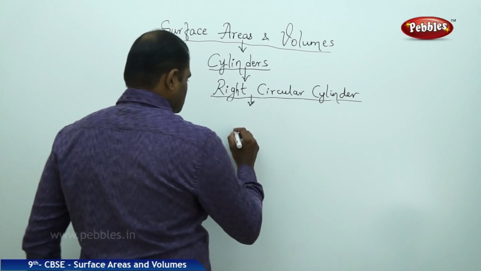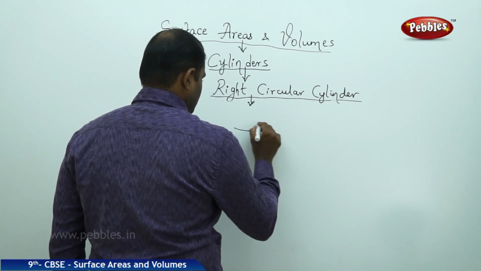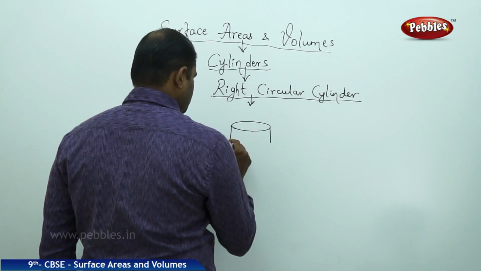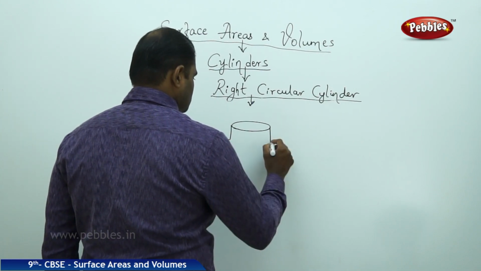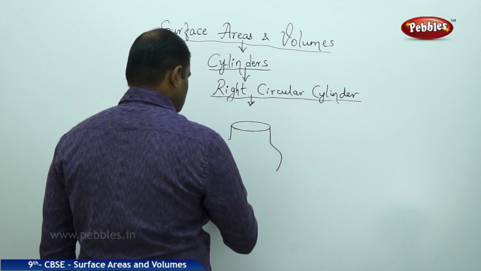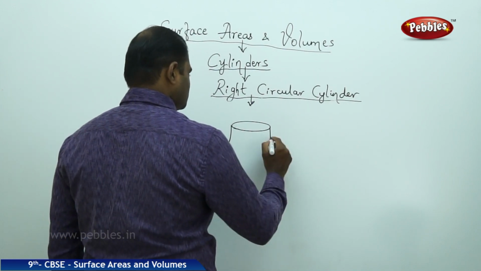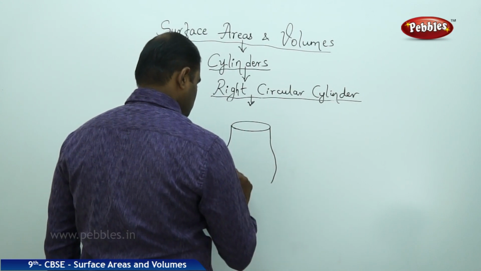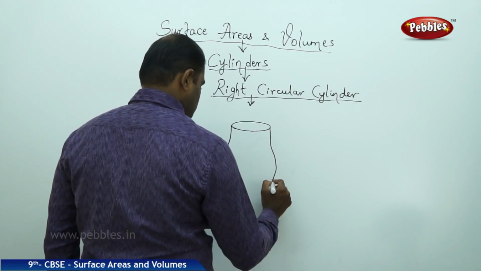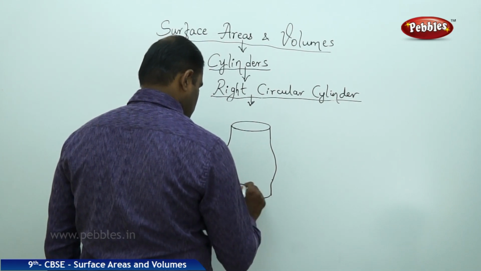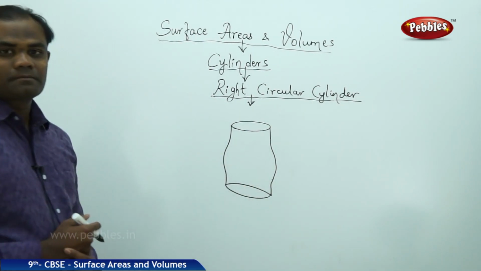Suppose I have a circular cylinder which bulges out here, like this.